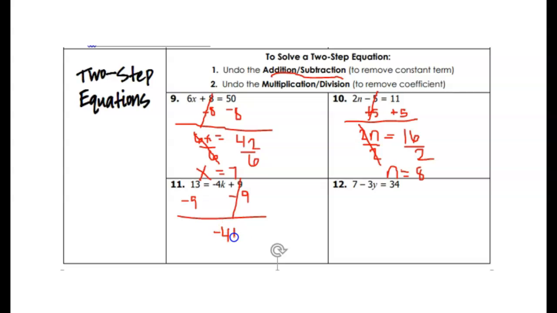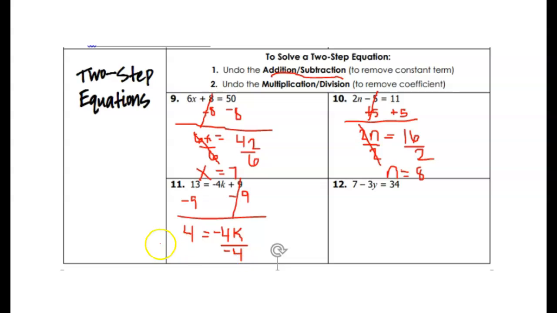K is almost by itself, but not quite. It equals 4. Now again, I want to get k by itself. I notice negative 4 is being multiplied by k. So I need to do the opposite of multiplication. I need to do division.